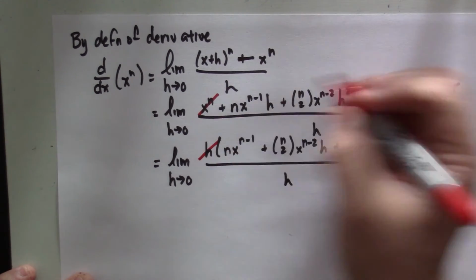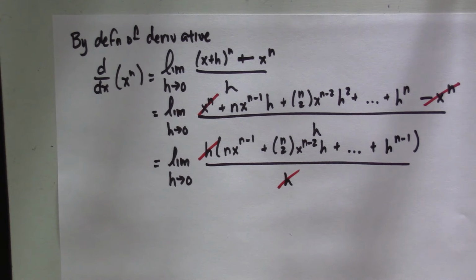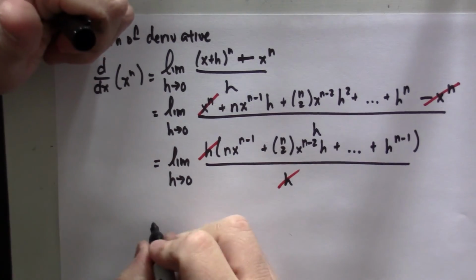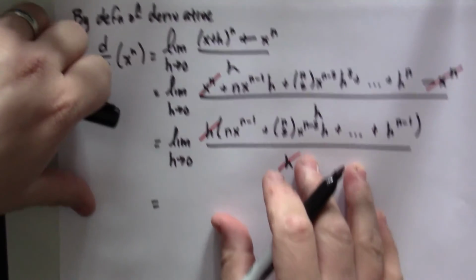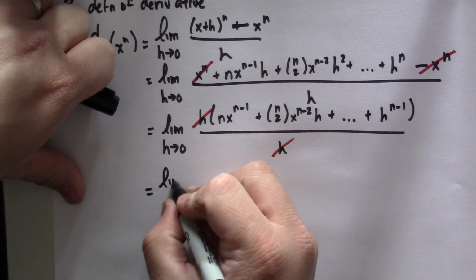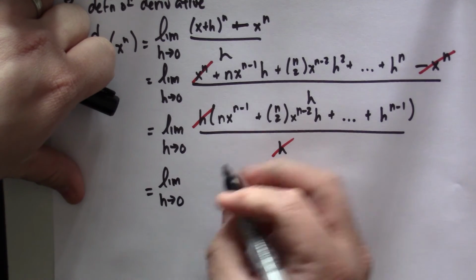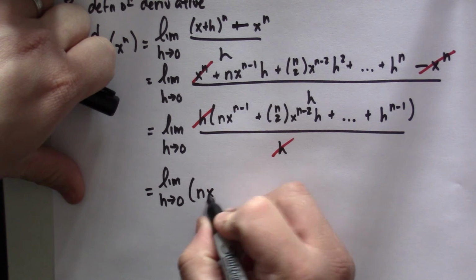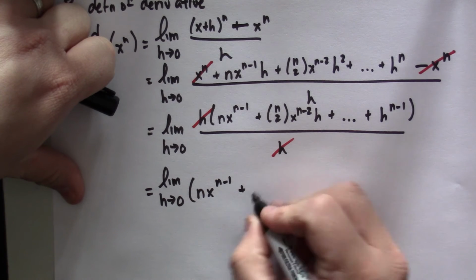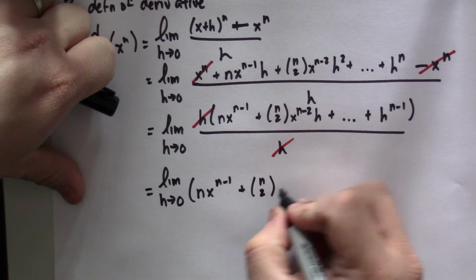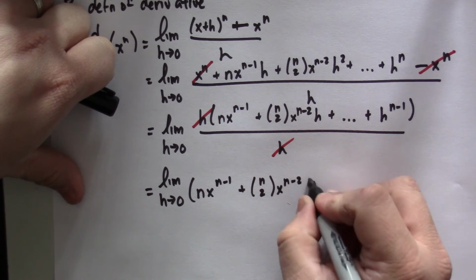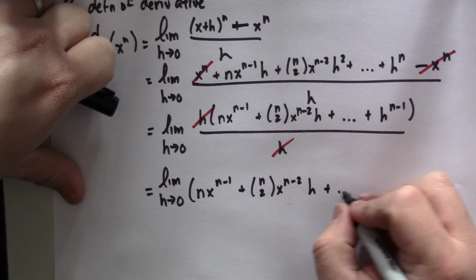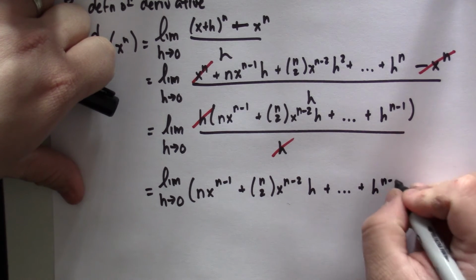We're taking a limit, so I can ignore the fact that h is 0 and treat those as if they cancel. Now I'm left with a polynomial. The limit as h goes to 0 of n x to the n minus 1, plus n choose 2, x to the n minus 2, h, plus ... h to the n minus 1.